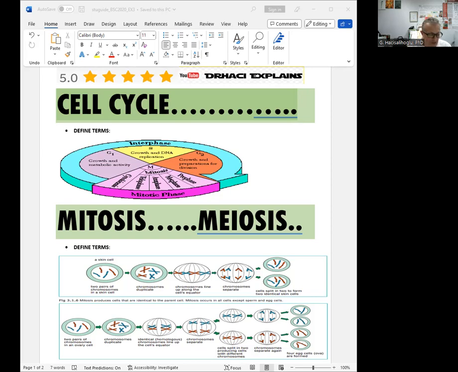Slightly different, but same idea. Cell division also creates genetically equivalent daughter cells. And in eukaryotes, using mitosis, which includes prophase, metaphase, anaphase, and telophase. And also cell cycle includes both mitotic phase and interphase.